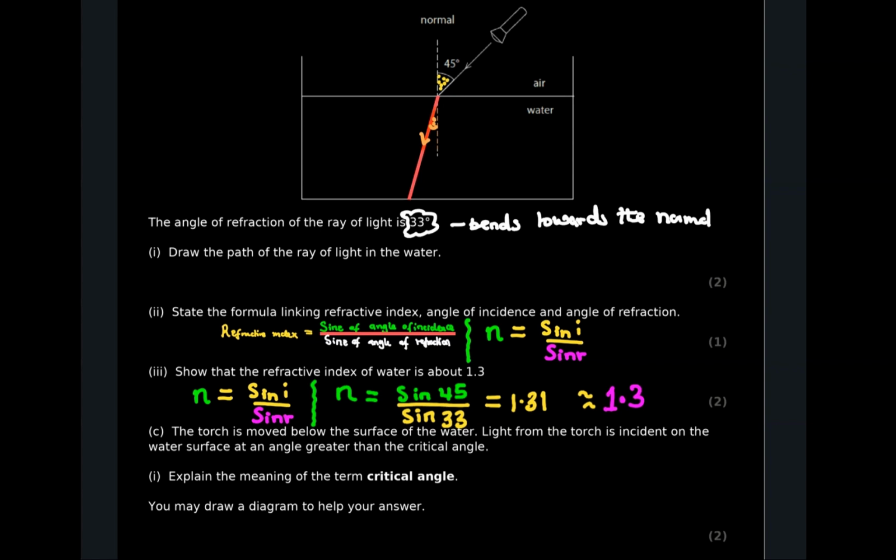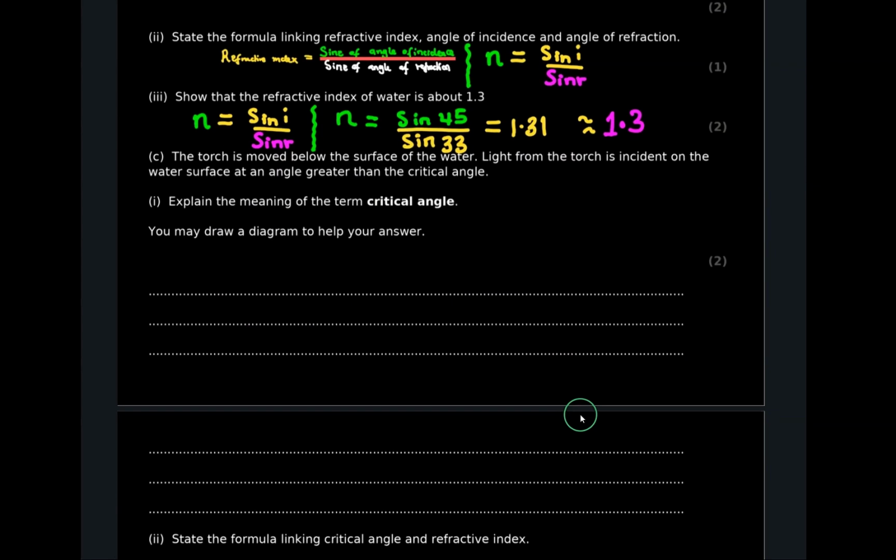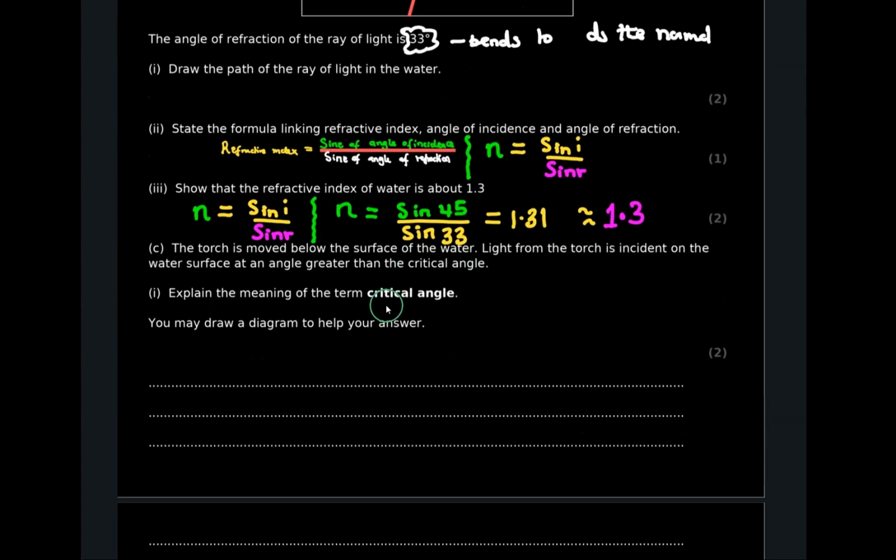But let us look at part one. It says, explain the meaning of the term critical angle. Critical angle is a special angle of incidence in the dense medium when the angle of refraction in the less dense medium is 90 degrees. So let us write it down so that you can understand what I'm saying.